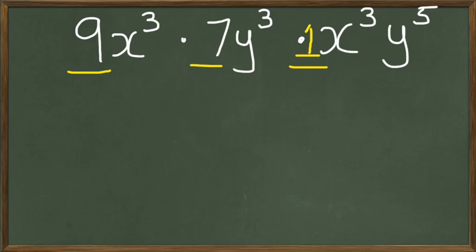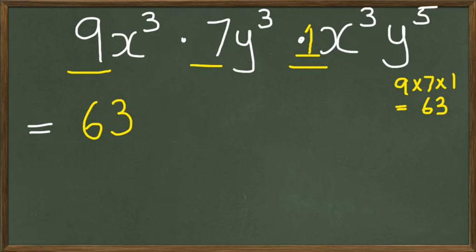So I'm just going to write on the side here, 9 times 7 times 1 is going to be 63. So the answer is going to be, let's write it in yellow for you guys, 63. And then let's write down the x's.